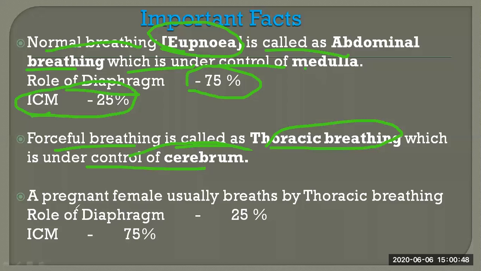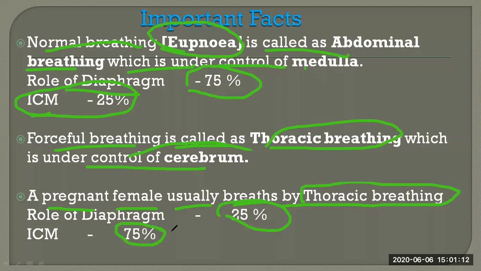Now, a pregnant female usually breathes by thoracic breathing, very important. Every time she breathes, her respiration rate is also high. Here the diaphragm plays a less important role, and the intercostal muscles perform the forceful, thoracic breathing.